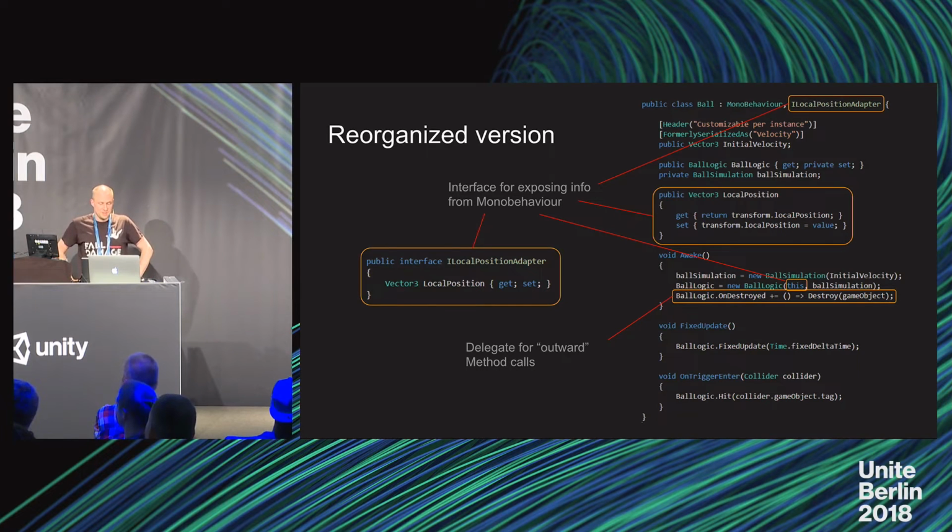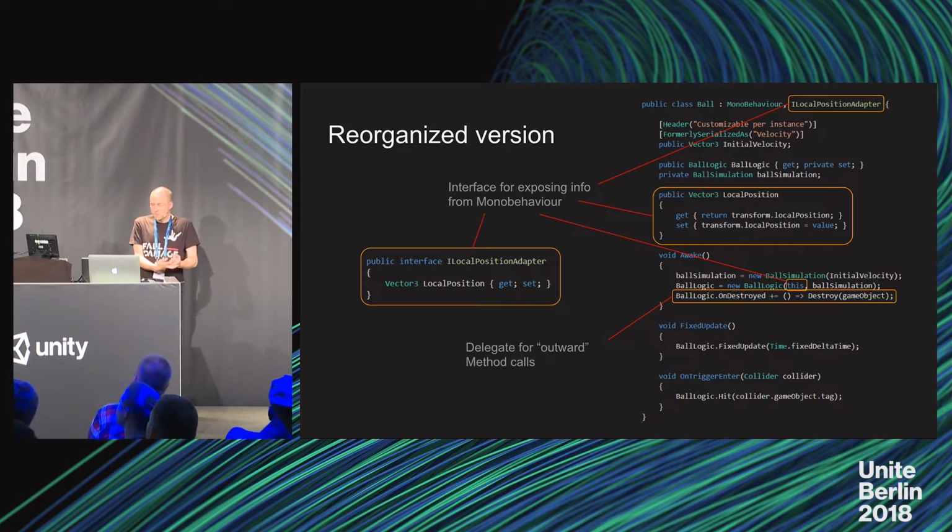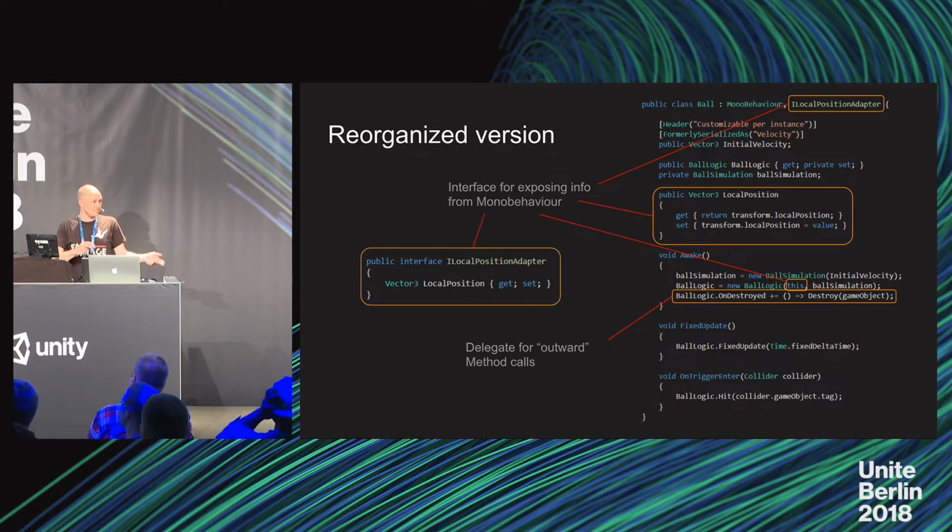Similarly, the ball logic doesn't necessarily need to return a flag which is saying, is it time to destroy or not? You can very well introduce a delegate there, which is what's happening at the last marked line there. So the ball logic can call a function, it just doesn't know which one.